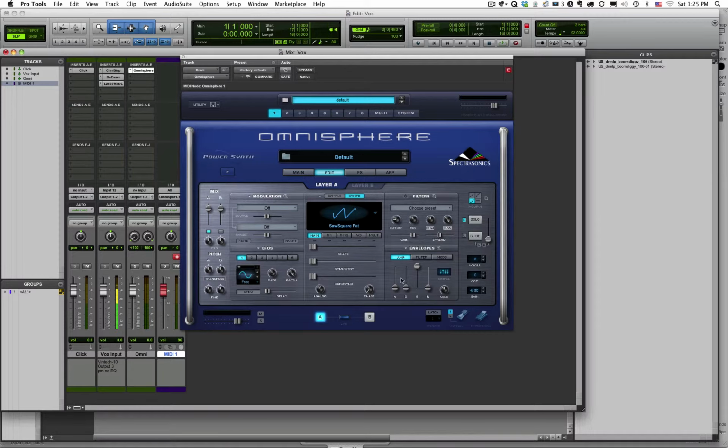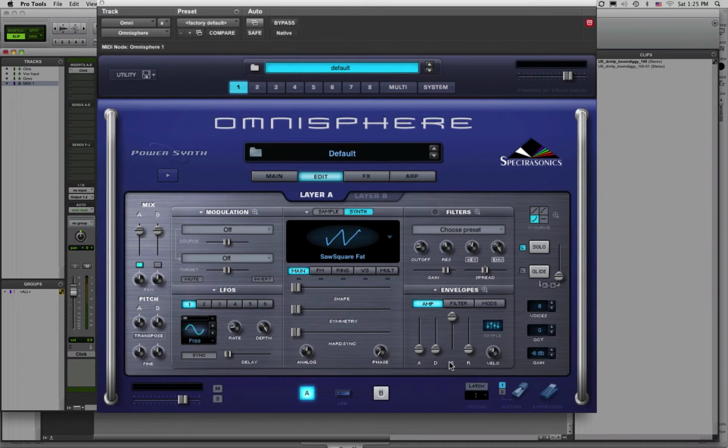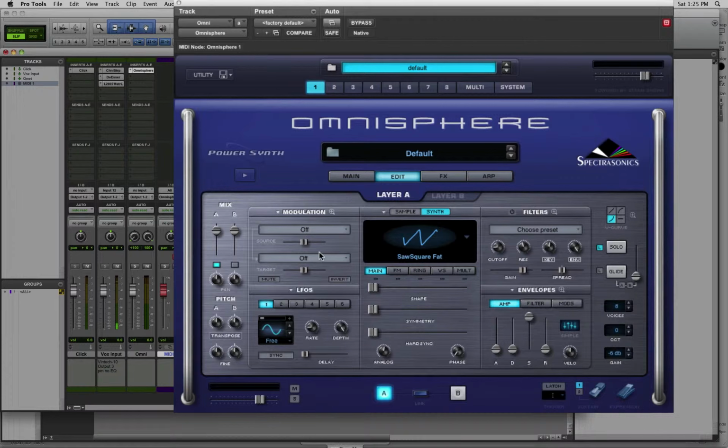This envelope is assigned to the volume of this synthesizer, so we can start playing with the attack, decay, sustain, and release. Right now, it has a very, very short attack. It's almost vertical if we were to draw that. It has no decay, basically. The sustain level is at full, and the release is immediate.